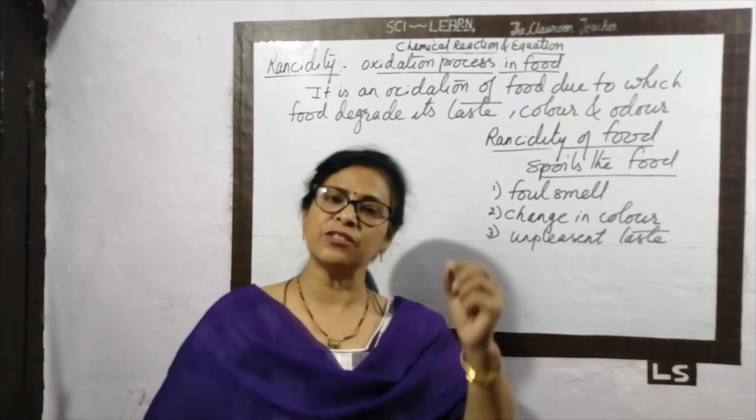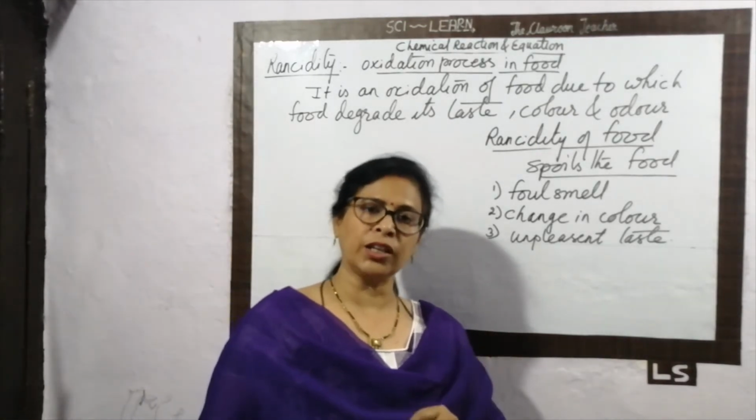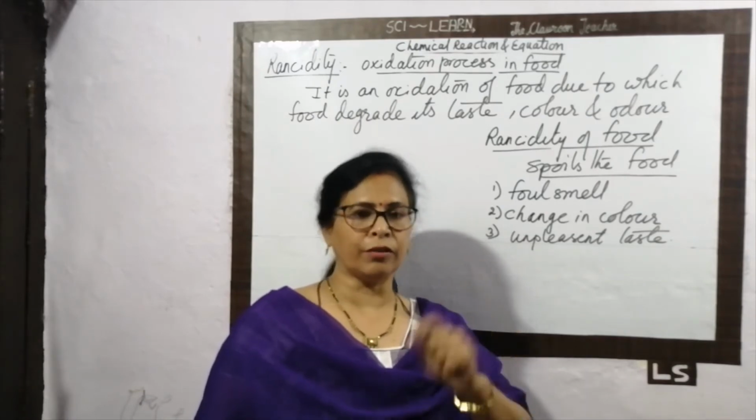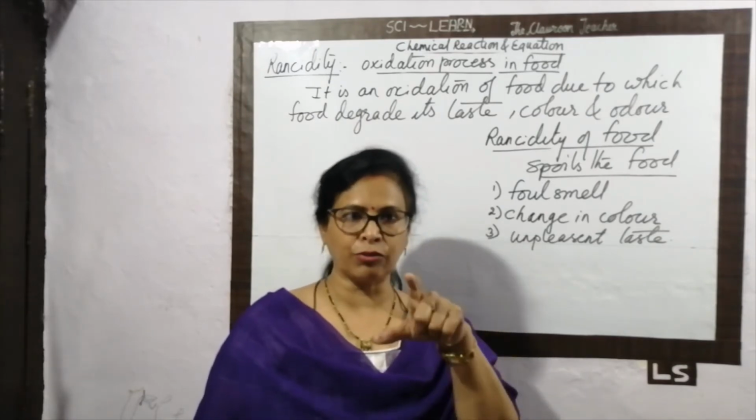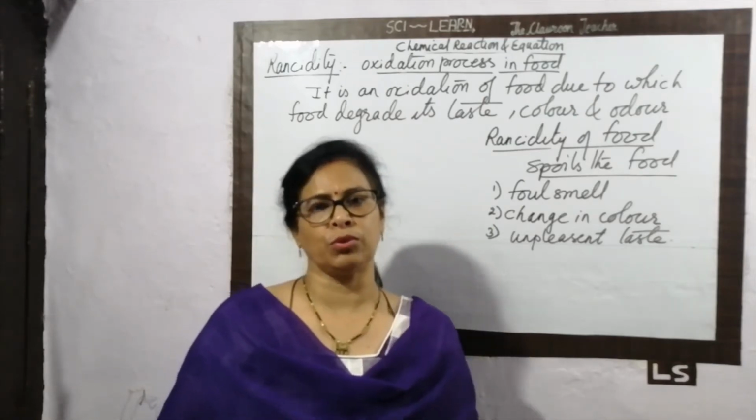The substance filled in the packet is nitrogen gas, and nitrogen gas prevents the packed food, the pouch food, from turning rancid. It prevents the oxidation process in the food.